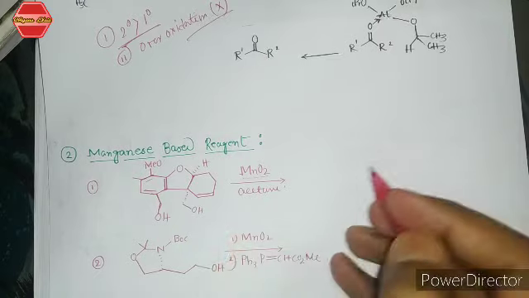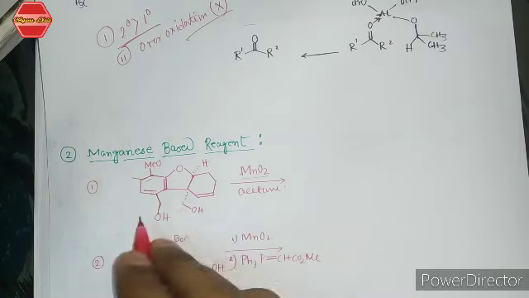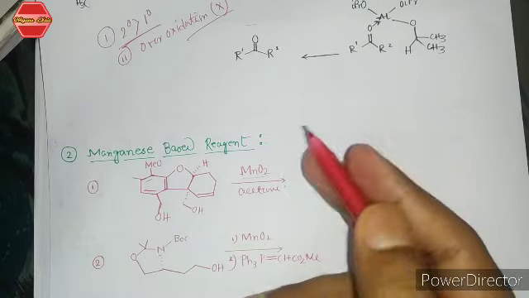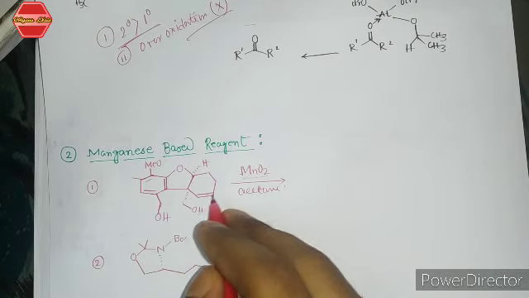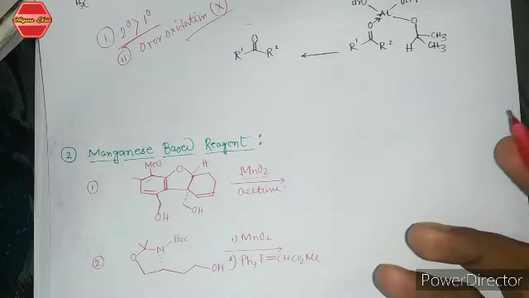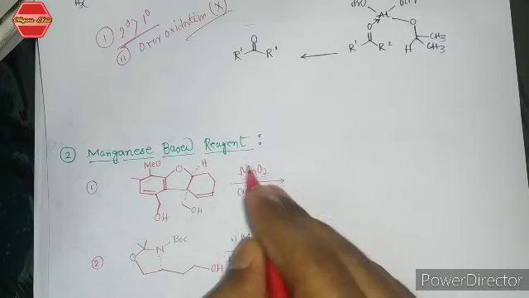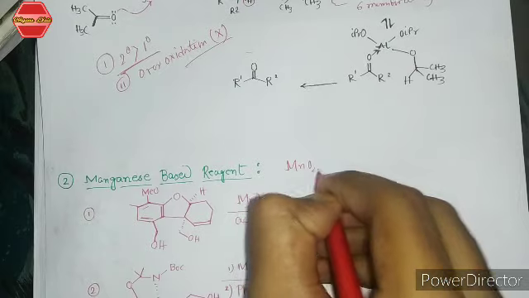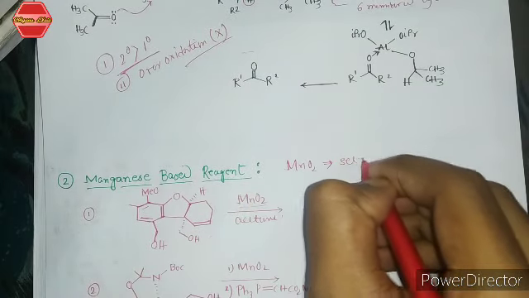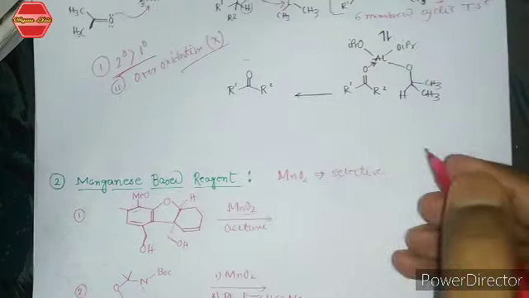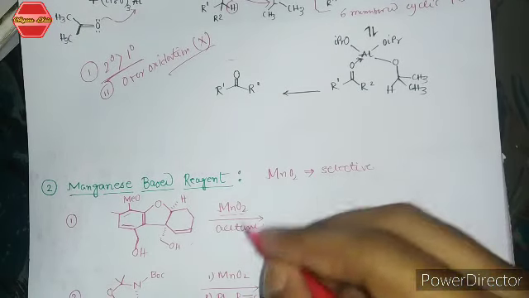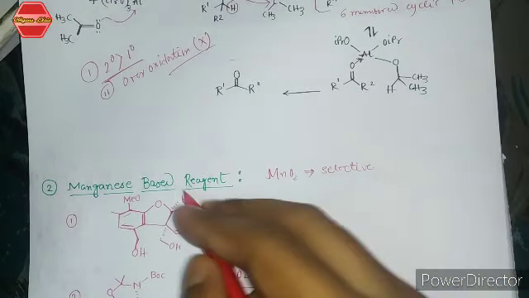Acid is nothing but just solvent, and you have two different types of alcohol, one is benzylic alcohol and the other is allylic alcohol. So the MnO2, that is manganese dioxide, is very selective, and it generally oxidizes the benzylic alcohol rather than the allylic alcohol.